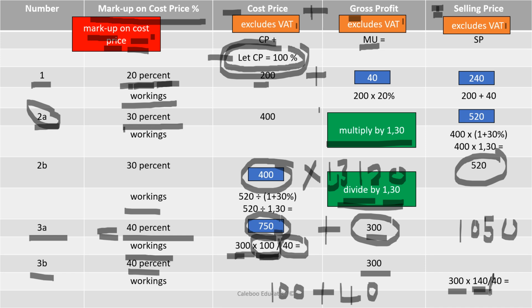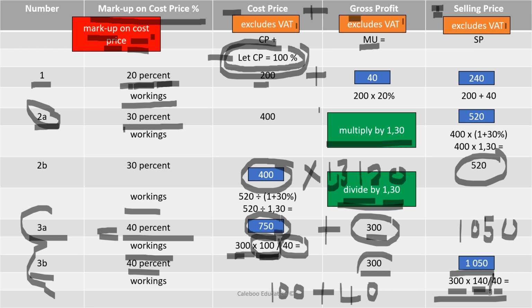Then I go and divide by the markup percentage, which is 40. So 300 times by 140 divided by 40 is equal to 1050. These two here are a little bit tougher, so you need to just go back in the video and watch that explanation again, over and over.